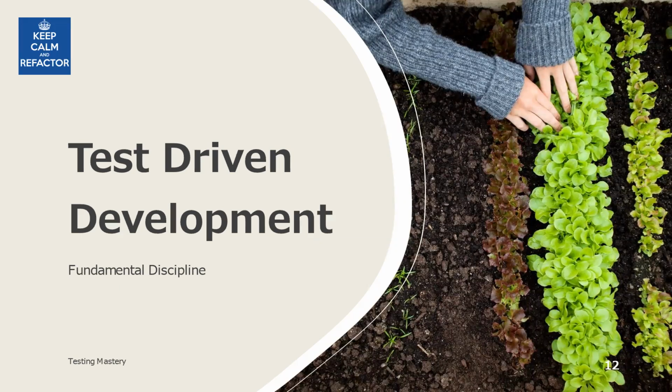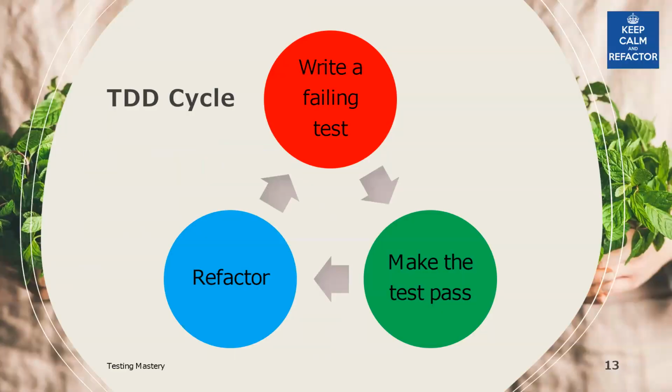So let's talk about test-driven development. It's a fundamental discipline in our collection of software development techniques and tools. You've probably seen this loop before. You start by writing a failing test, and in your JUnit it'll show a red bar at the bottom of the screen.